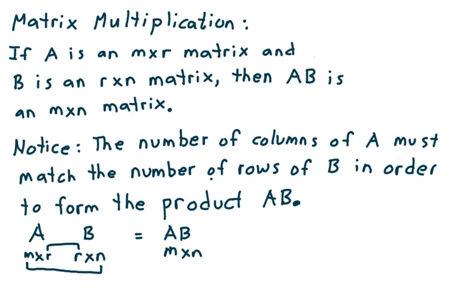In other words, the columns of A match the rows of B. The size of A times B is determined by the rows of the first matrix and the columns of the second matrix. So in other words, the dimension or size of AB is M by N. Okay?